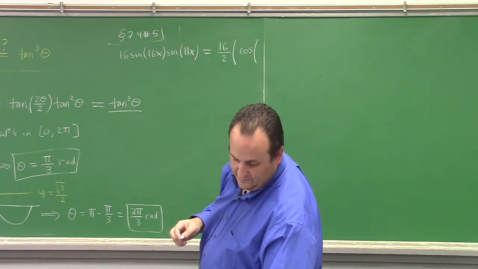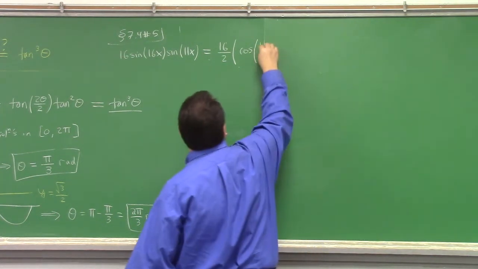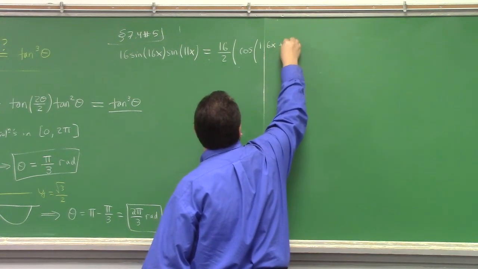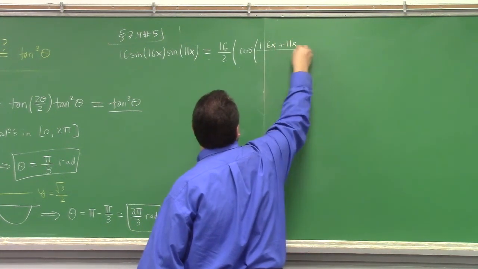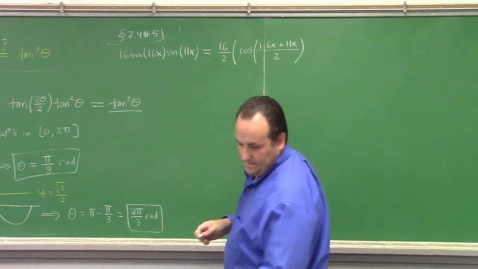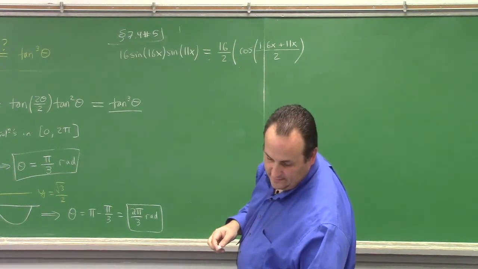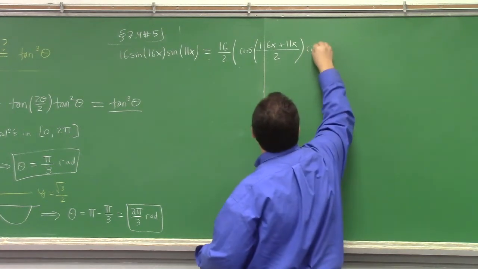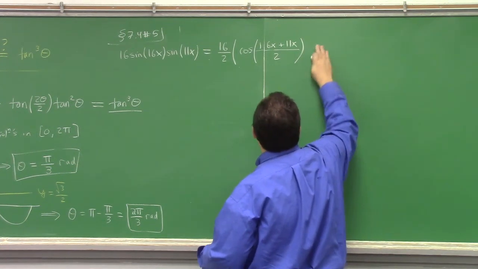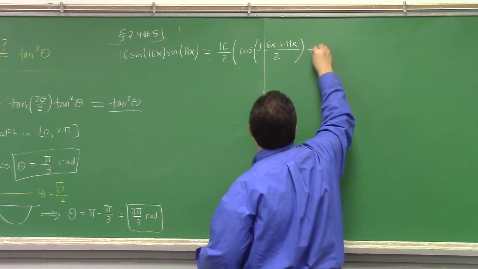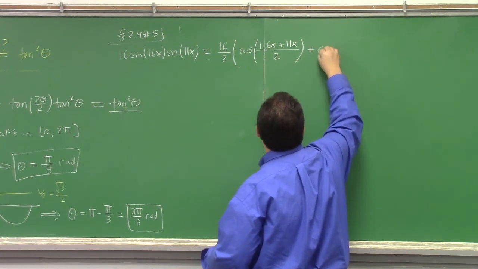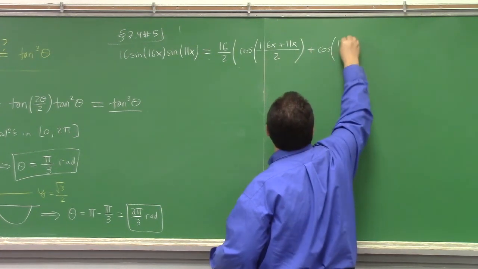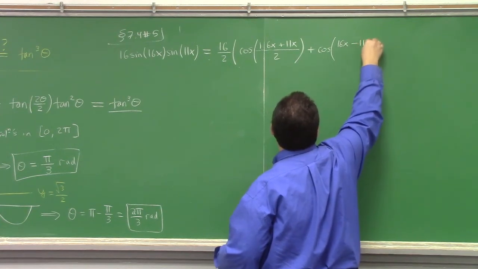Alpha plus beta over 2, so in this case 16x plus 11x over 2, and then plus the cosine of the difference. Not times, plus, product to sum. So plus the cosine of 16x minus 11x over 2, right?